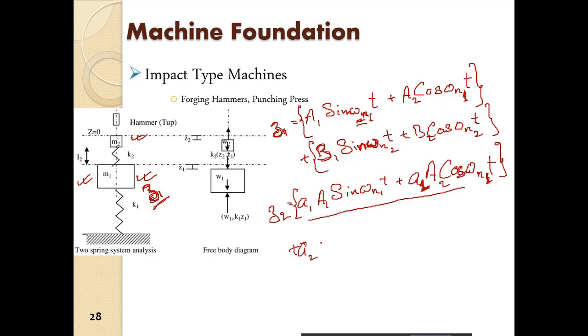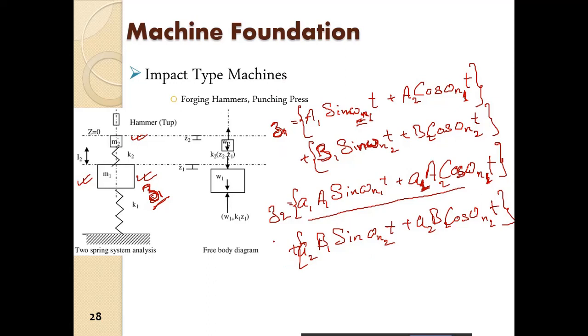So A2 into b1 sine of omega n2 t plus A2 into b2 cos of omega n2 t.